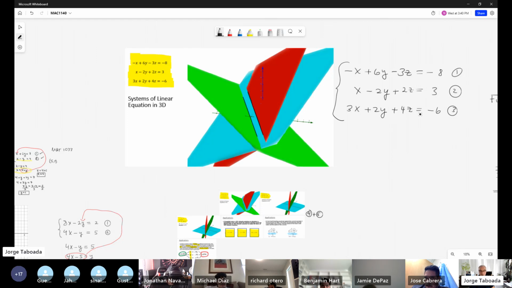Okay, and look at the picture. What do you think? Do we have a solution, no solution, or infinitely many solutions? Remember, we have only three possibilities. Unique solution, only 1 point. Another is no solution, never intersecting.